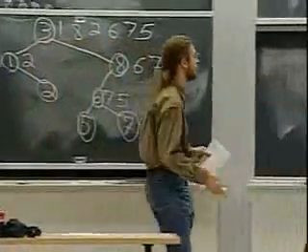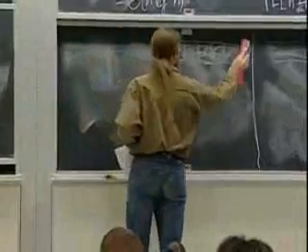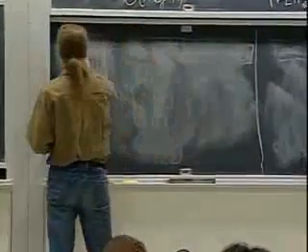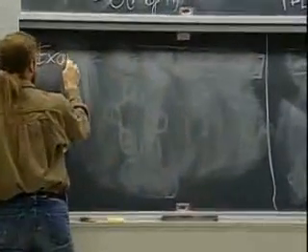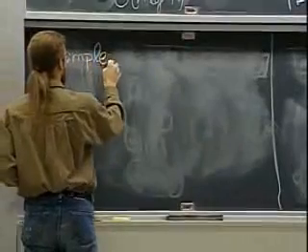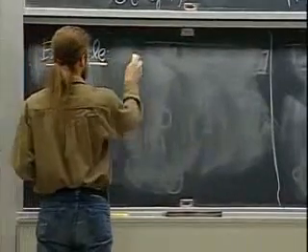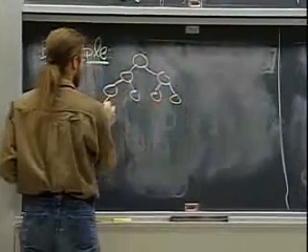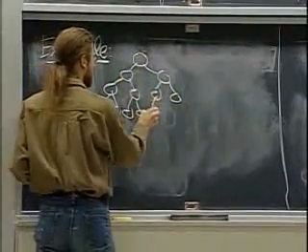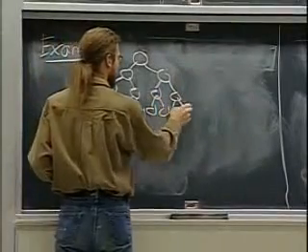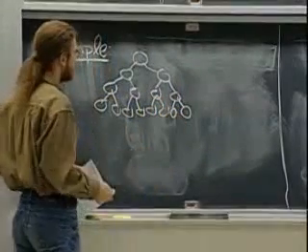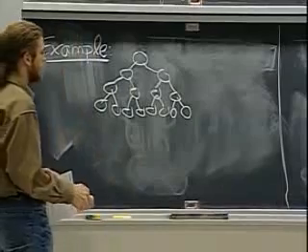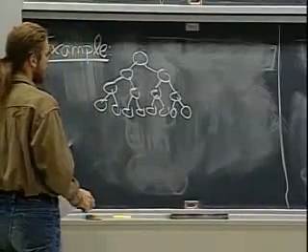So let's look at an example of a tree. Draw my favorite picture. Here we have a nice balanced tree, let's say on half of the nodes or a little more.